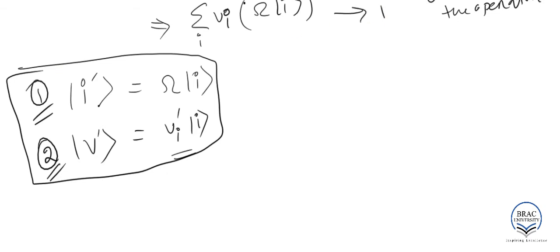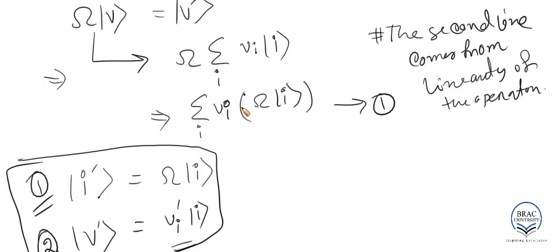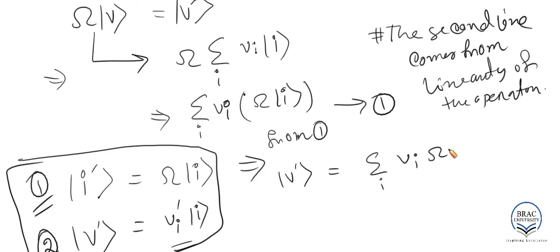Let's call it equation number 1, that is this one, and from 1, you can see that v prime is just the sum over i of v_i omega e_i, which can also be written as the sum of v_i e_i prime, right?